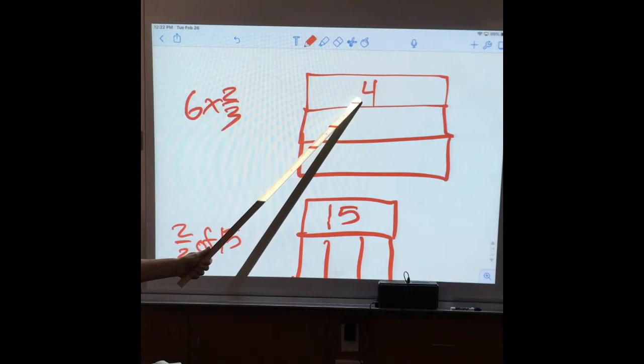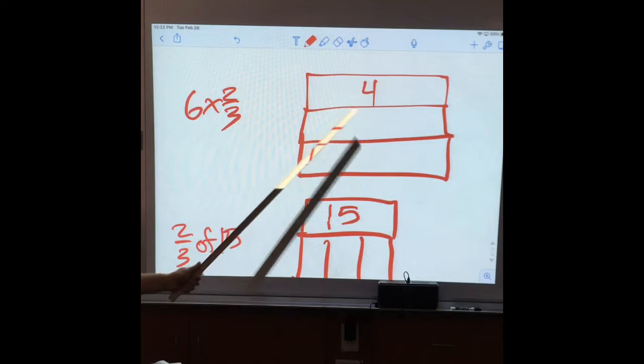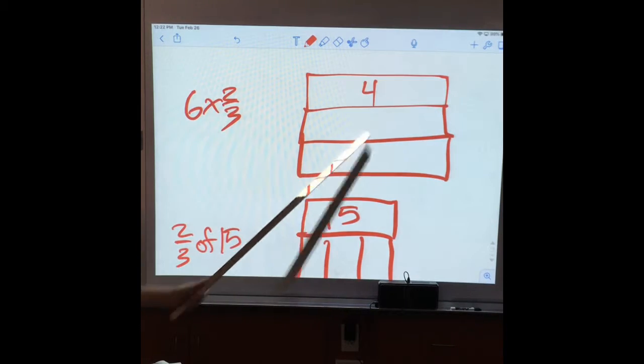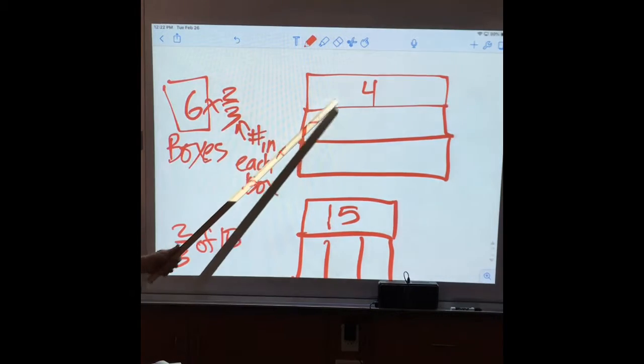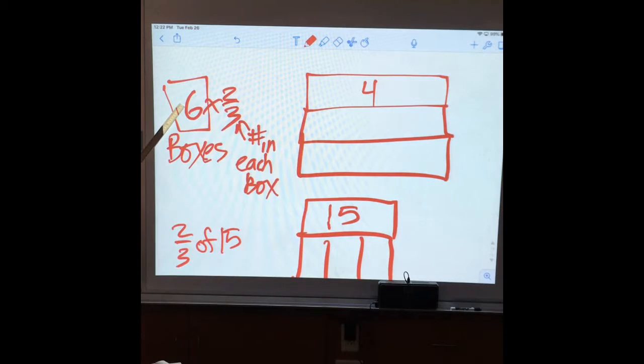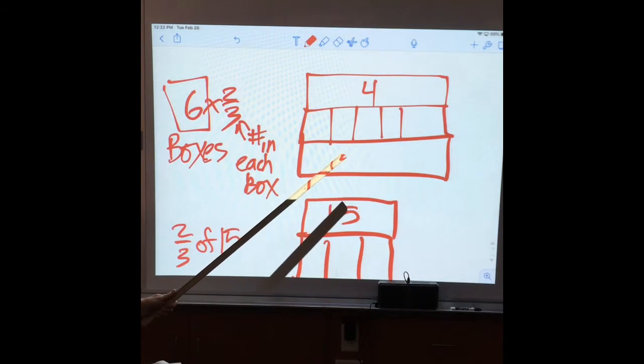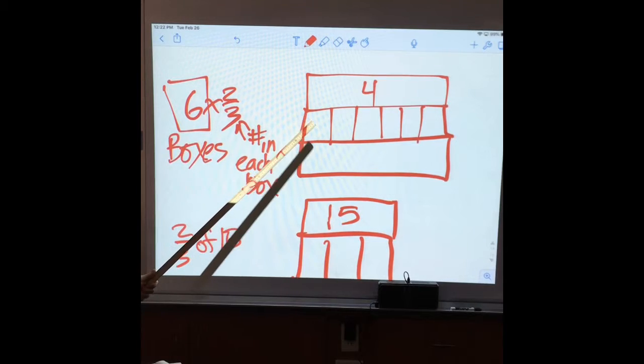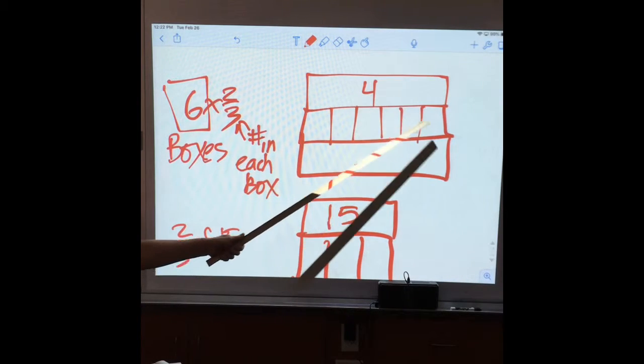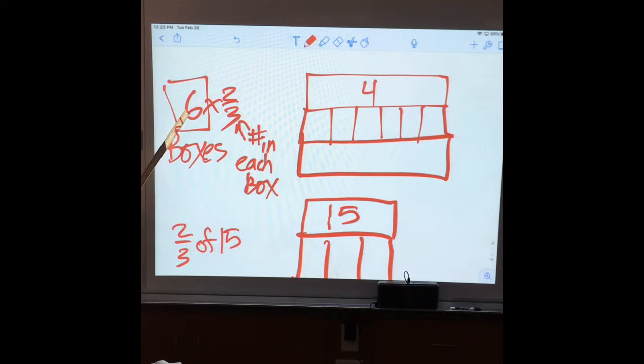I like my 4 in a box. This 6, I'm going to cut it up into the boxes, right? So I'm going to go 1, 2, 3, 4, 5, 6. I've got 6 boxes. That's what my 6 is.